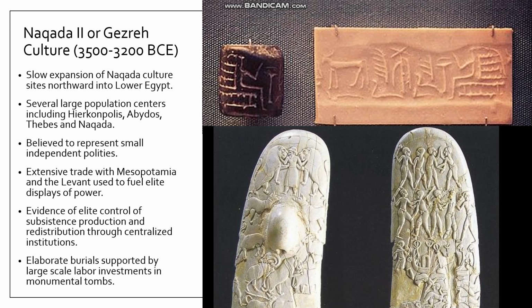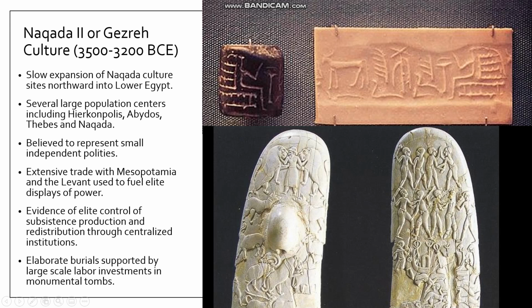So you can think about these as small chiefdoms or states, however you want to frame the processes that are going on there. And it's likely the trade with Mesopotamia and the Levant, Jordan, Israel, into Syria, that we see fueling these elite displays of power. The goods and resources that are coming in to the Nile Delta from the Fertile Crescent are propping up these elite institutions.